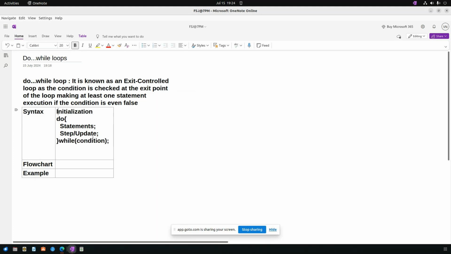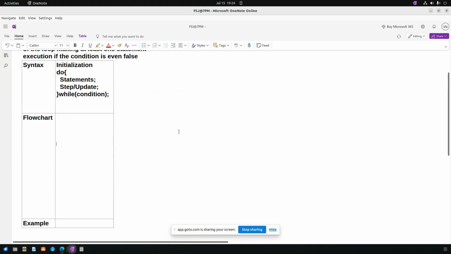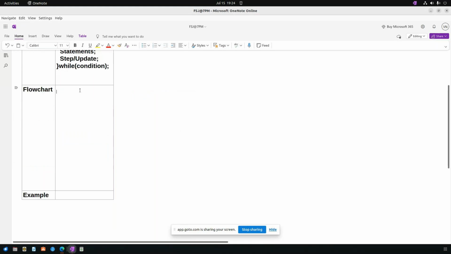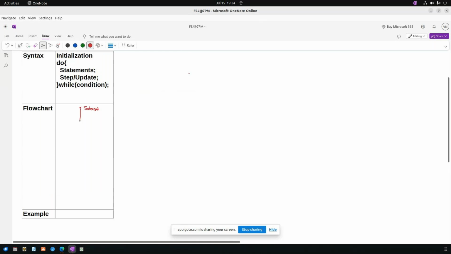Then how will the flow chart look? Let's understand the flow chart. The loop will be started and initialized over here, and you will have the statement first.